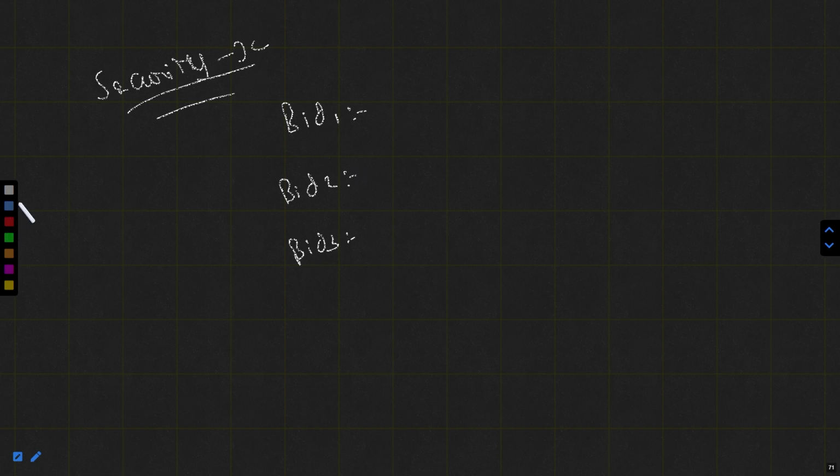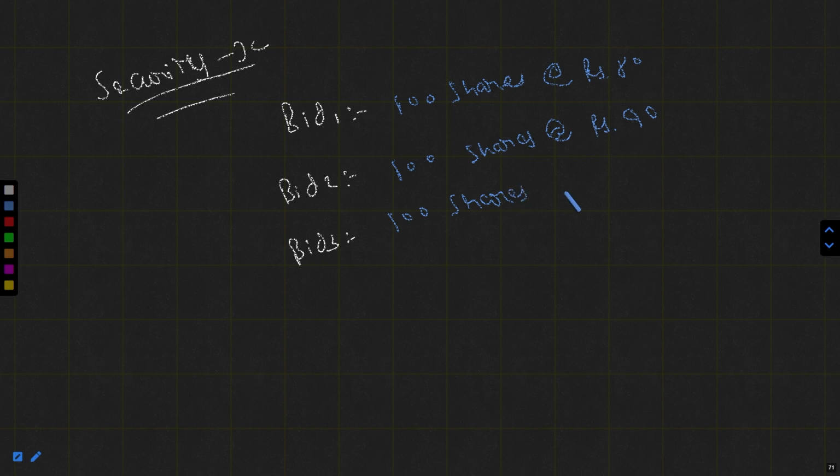Bid 1 is 100 shares at rupees 80. Bid 2 is 100 shares at rupees 90. Bid 3 is 100 shares at rupees 100. This is the bid.